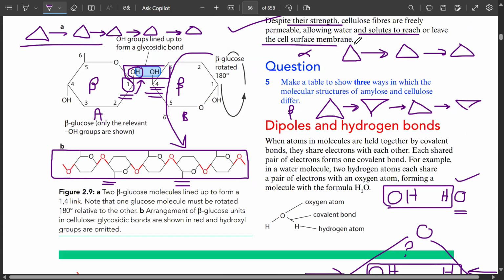Good. Let me show you one thing. What are the different types of polysaccharides that we have done today? Starch, glycogen, amylose. Good.